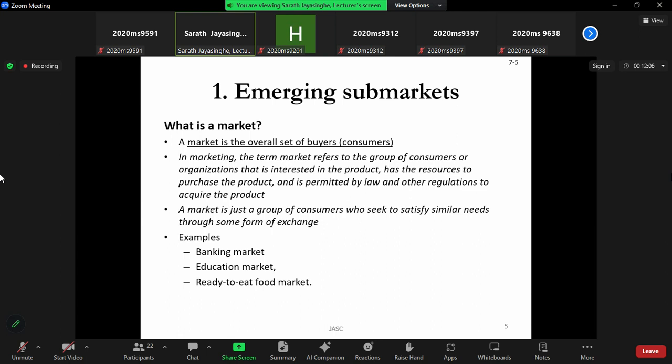In marketing, the term market refers to the group of consumers or organizations that is interested in a product, has the resources to purchase the product, and is permitted by law and other regulations to acquire the product. So it is just a group of consumers who seek to satisfy similar needs through the same exchange. So there are some examples: banking market, education market, ready-to-eat market, something like that.